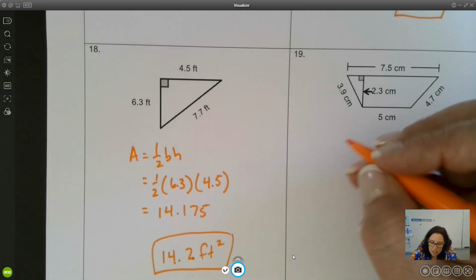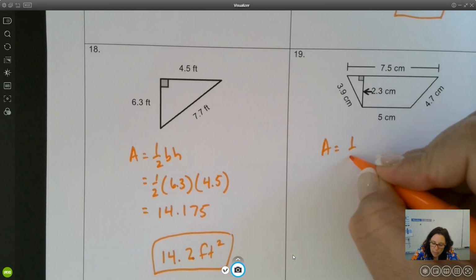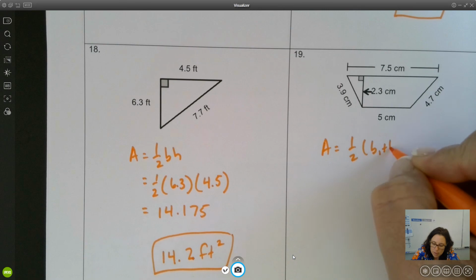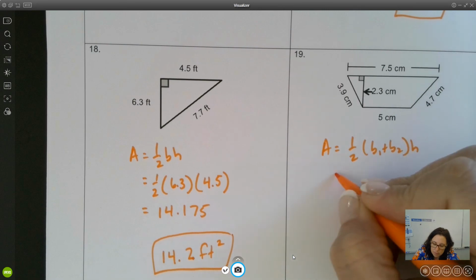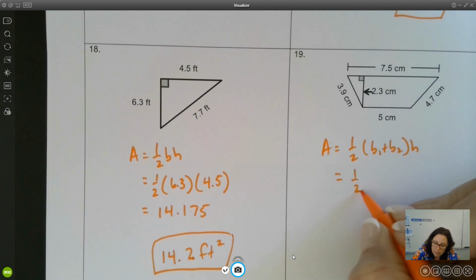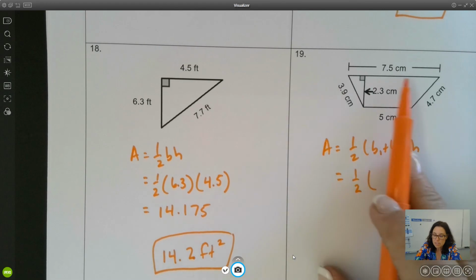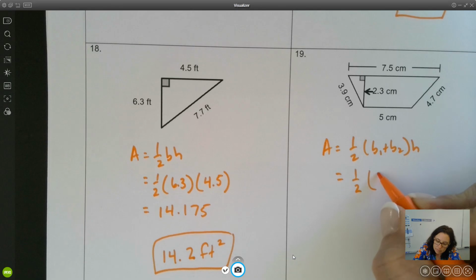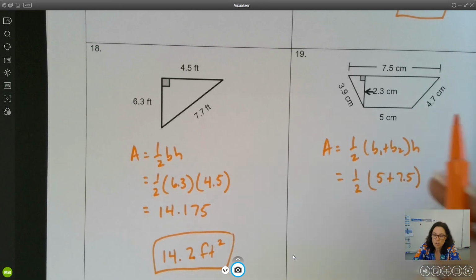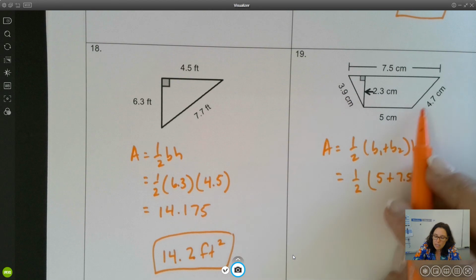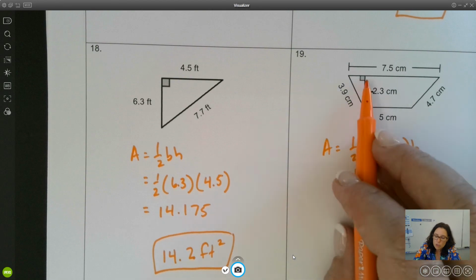All right, number 19, trapezoid. 1/2, add the two bases together, times the height. So 1/2. The bases are the two sides that are parallel, 5 and 7.5. The height is not the 3.9, not the 4.7, it's the 2.3.